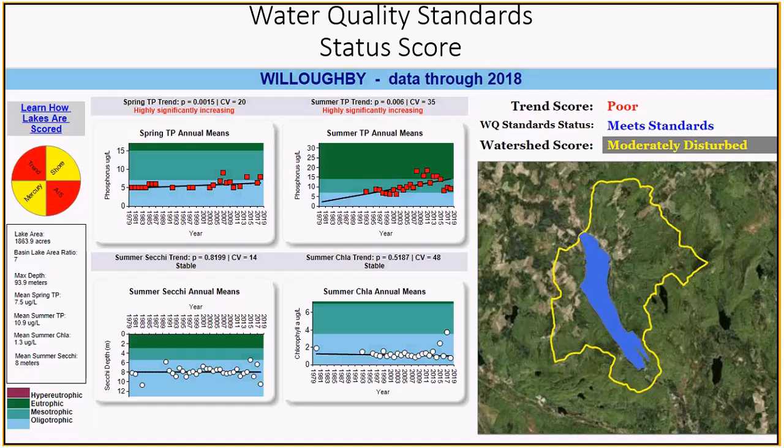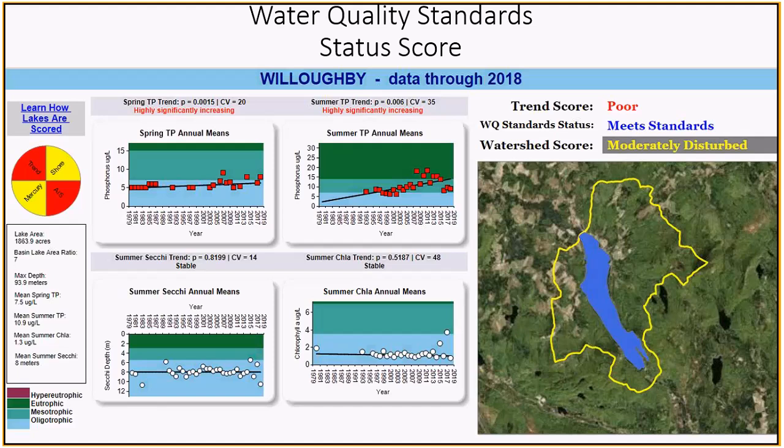It's currently in quite good condition, but it has a poor trend score because we're seeing some concerning increases in phosphorus levels that could spell problems down the line in the future. So it has a poor trend score that highlights the fact that we might need to address issues for that lake, even though its water quality standards status is still very good.